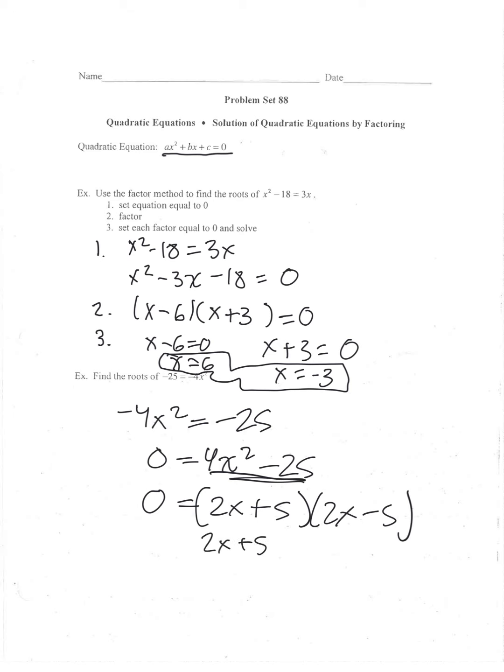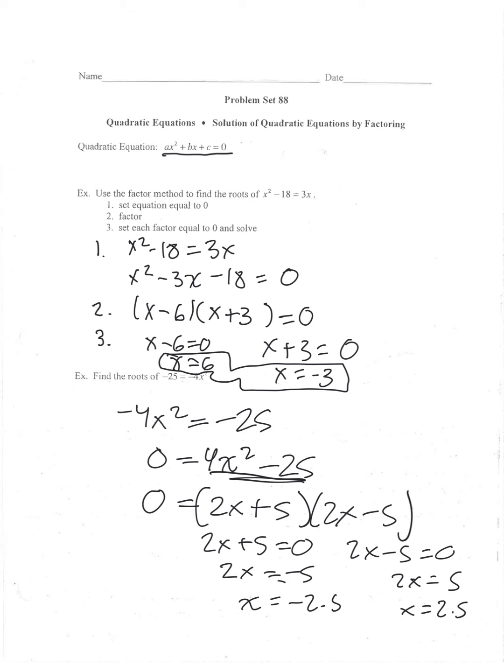So 2x plus 5 equals 0, and 2x minus 5 equals 0, and solve each of these little equations. So it looks like we have x equals negative 2.5, and over here x is going to equal positive 2.5. So therefore we've found the roots.